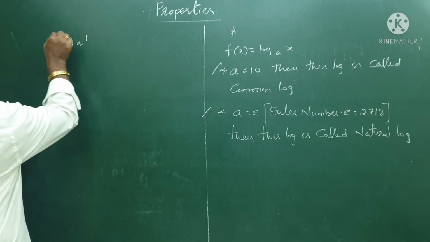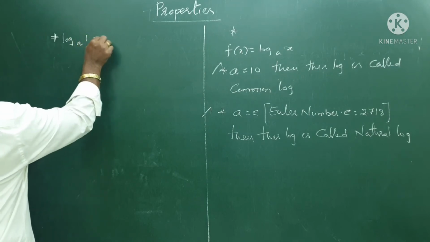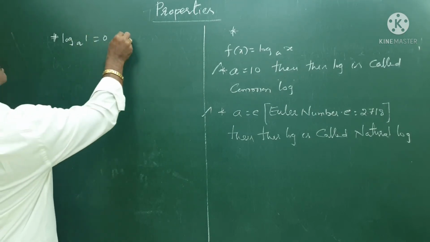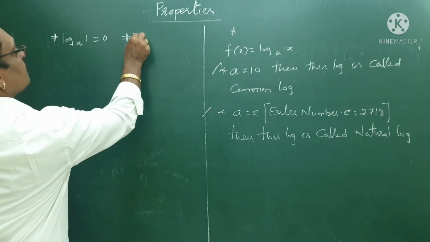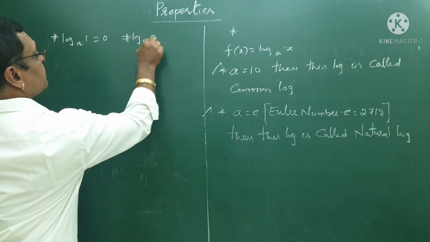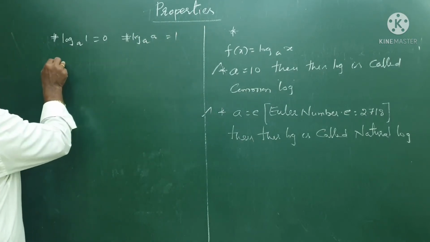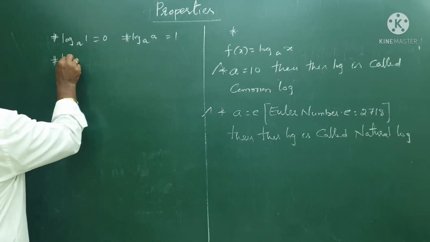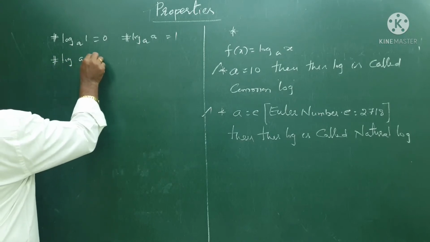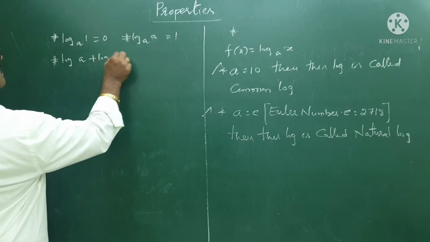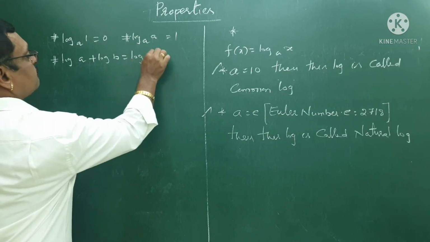Log 1 to any base is always equal to 0. Number 2, log a to the same base is always equal to 1. Next one, log A plus log B is log of AB.